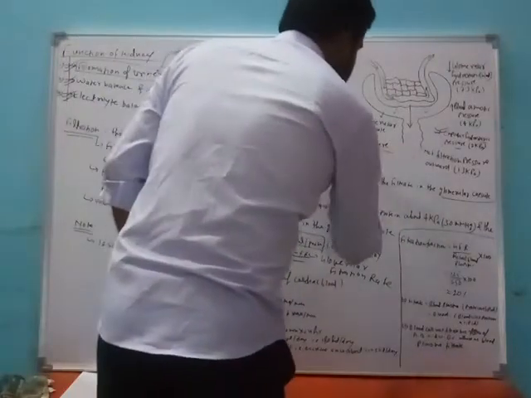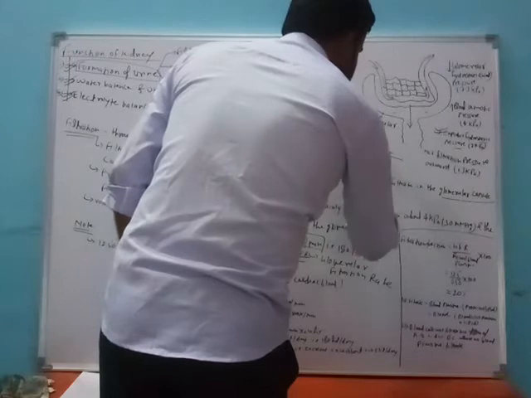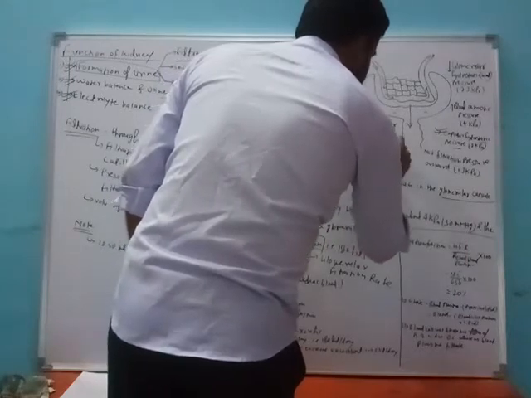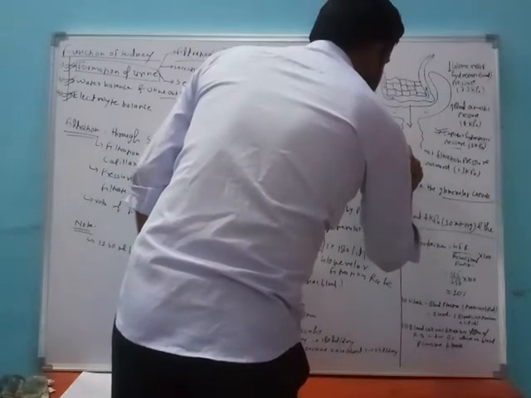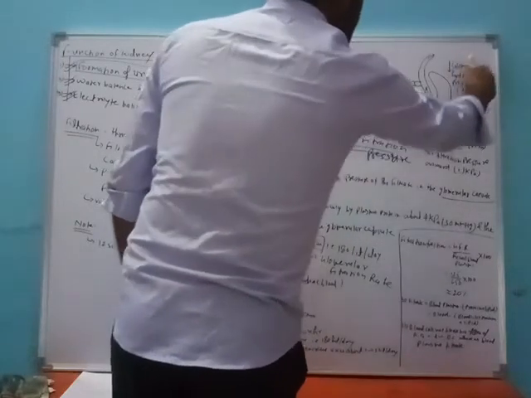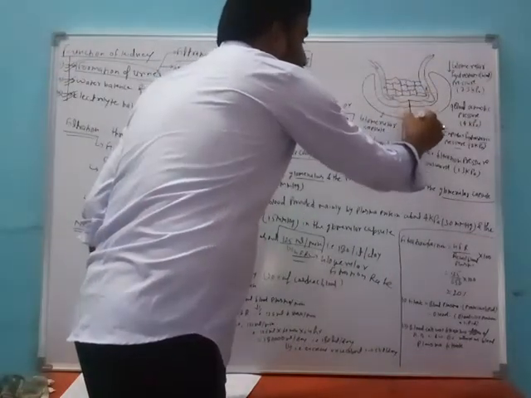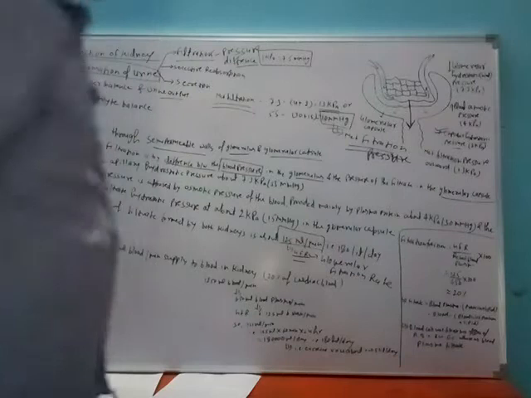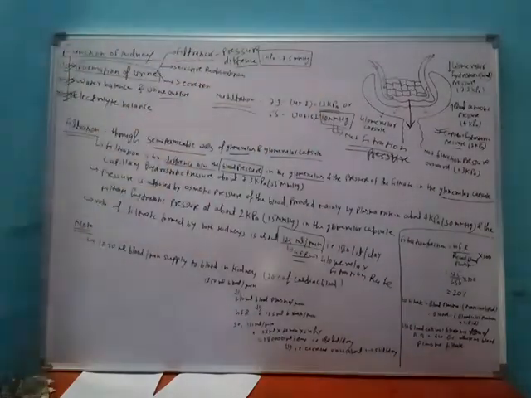This is the net filtration pressure, a 10 mmHg pressure of glomerular hydrostatic pressure pushing downward. So in this way filtration happens.